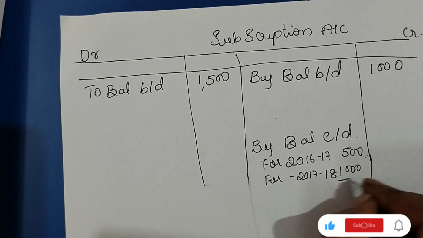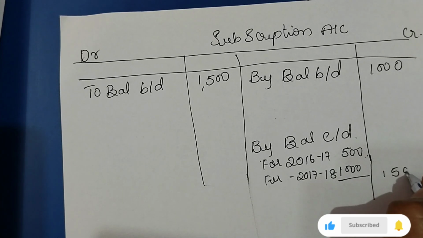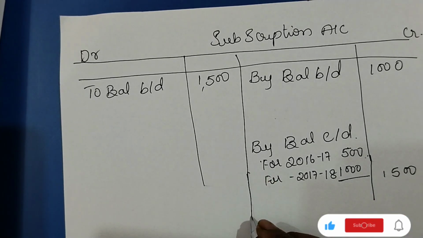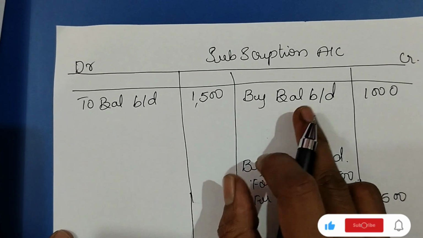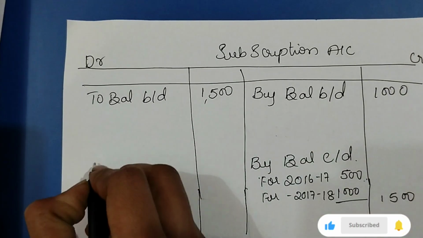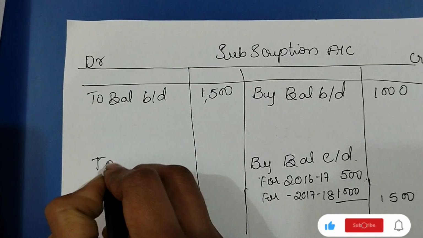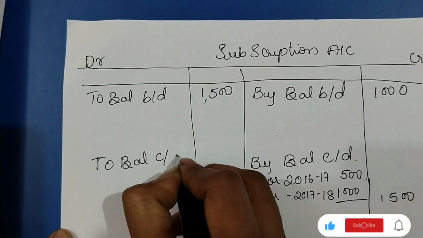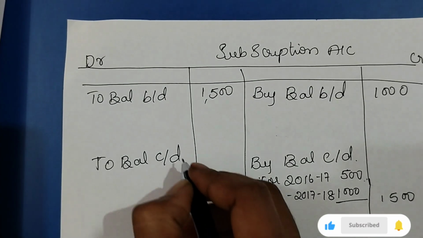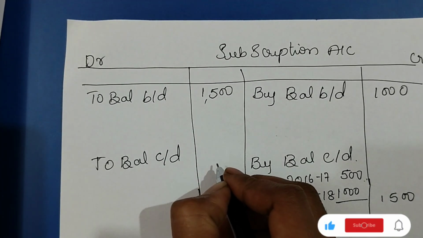Total outstanding is 1,500. Right. And here we have recorded opening advance. Now we'll record closing advance by balance carry down. The amount is 1,500.